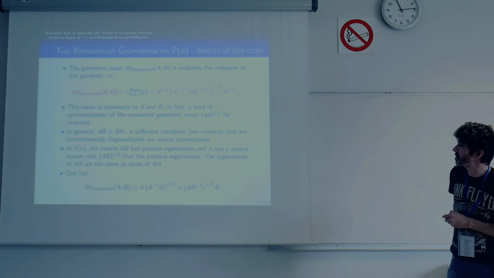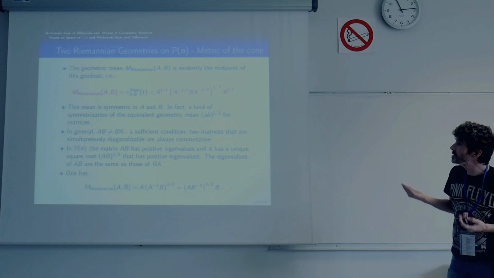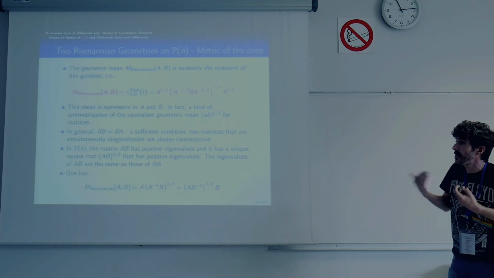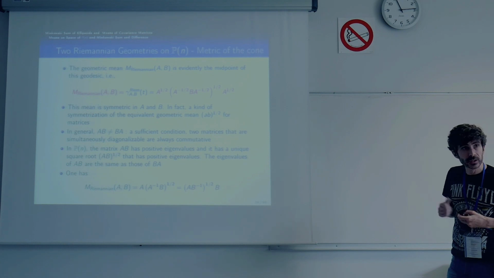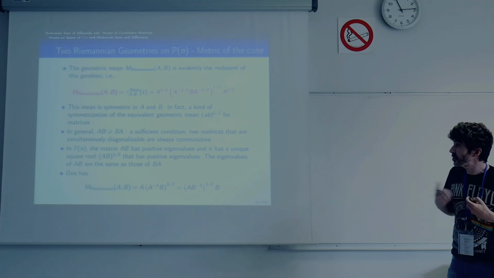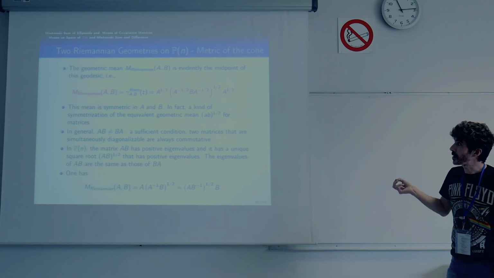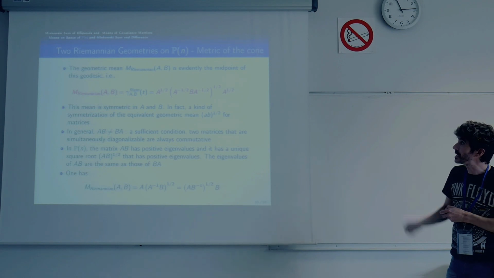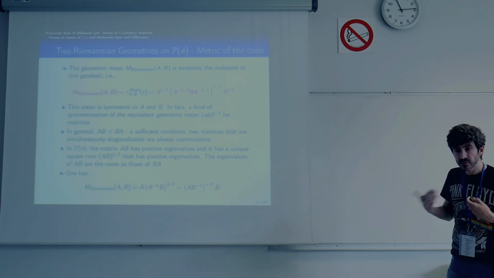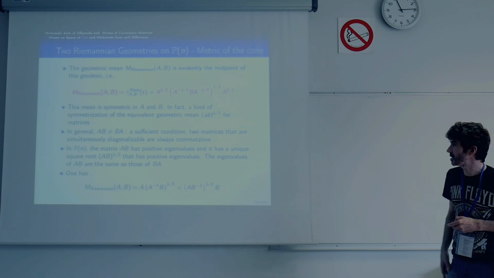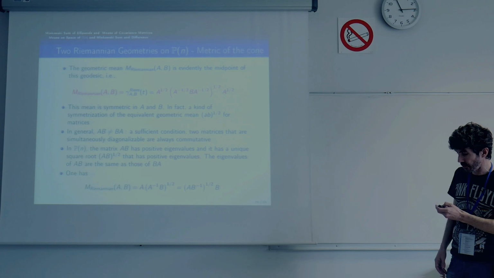This is well known in information geometry because it is also the Fisher metric, the one which corresponds to the distance, the geodesic, and the mean between two Gaussian distributions with zero mean, using the covariance. So very well known in our community.